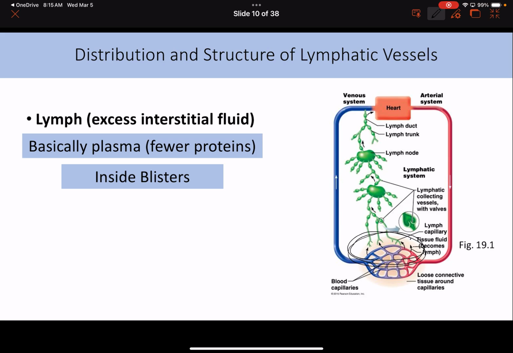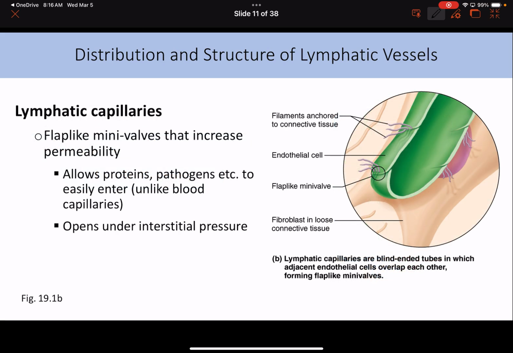Okay, so next are the lymphatic capillaries. How they work is they have these flap-like mini valves that increase permeability.